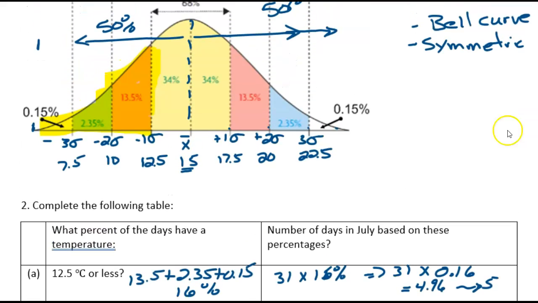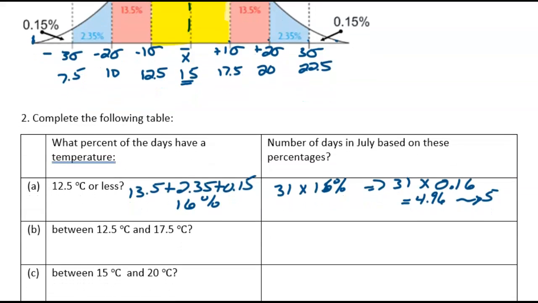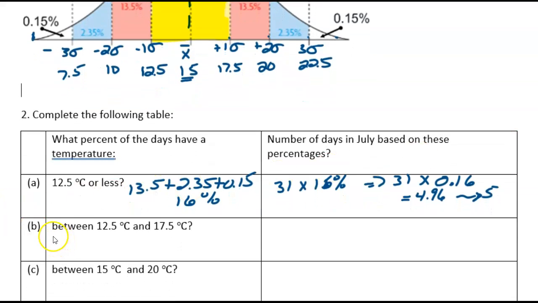So again, this is where you need to have your distribution curve. So between 12.5 and 17.5 would be here. Now if we look at that, well, you have 34% and 34%, or 68% of your days. So 34 and 34, and you would have 68% of your days are between 12.5 and 17.5 degrees.